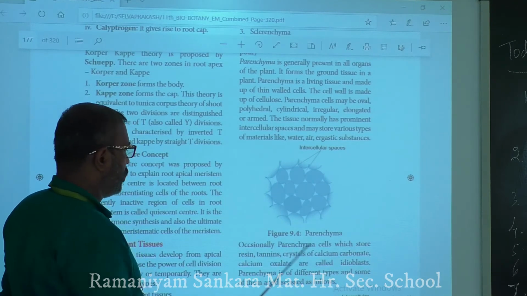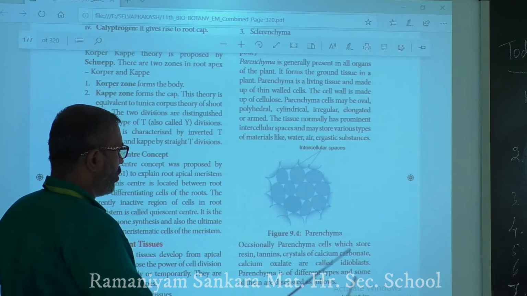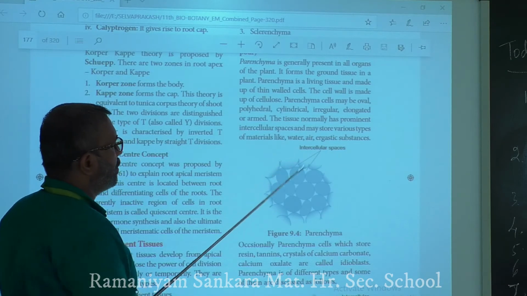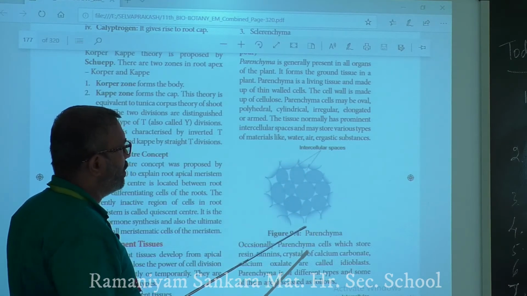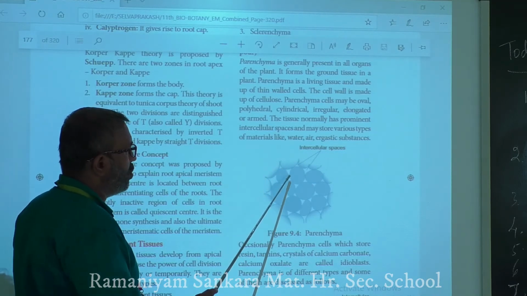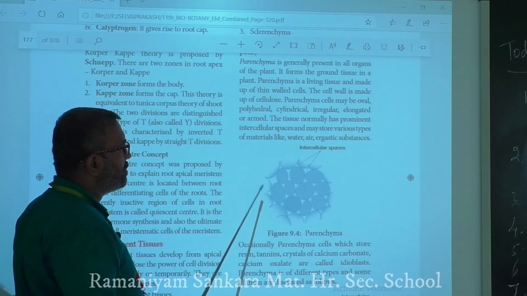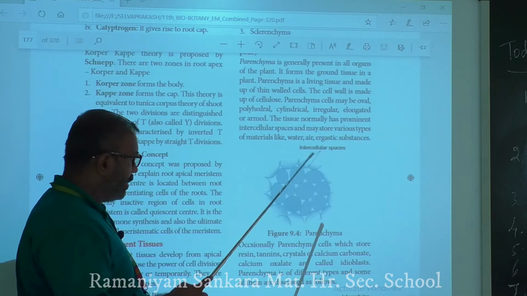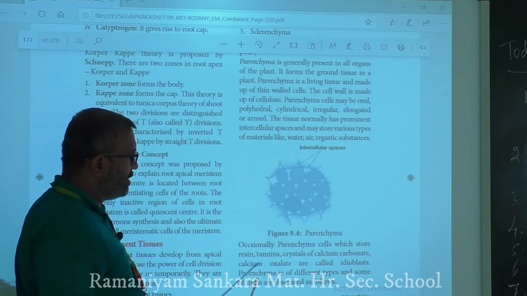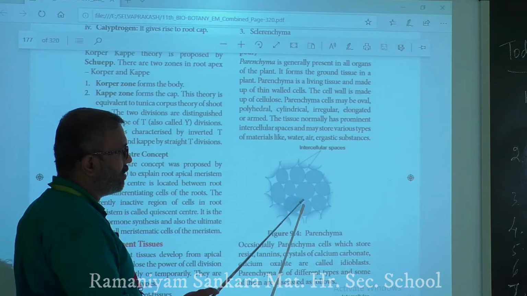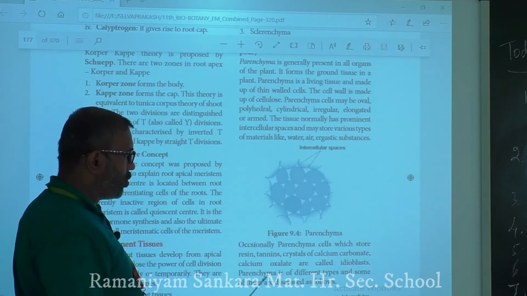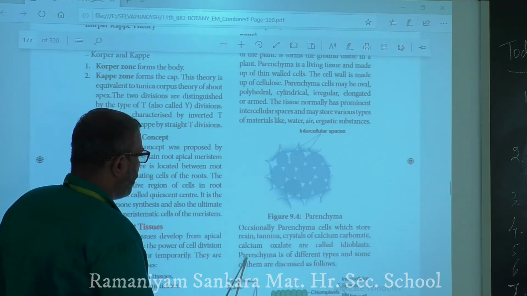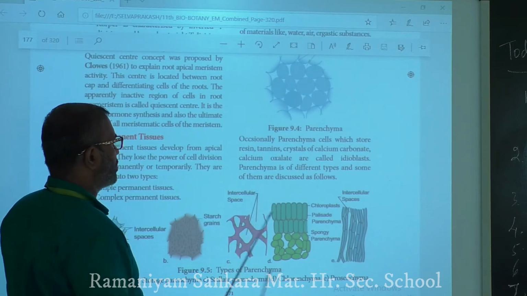Occasionally parenchyma cells which store resins, tannins, and crystals of calcium carbonate and calcium oxalate are called idioblasts. They may ask two more questions on idioblasts. Some types of parenchyma are discussed below.